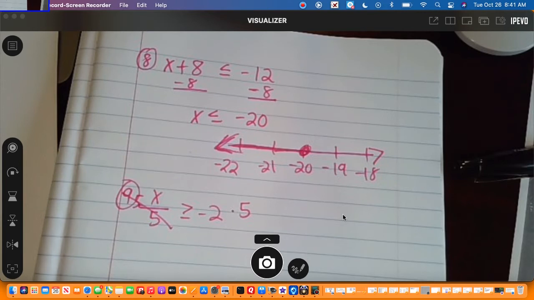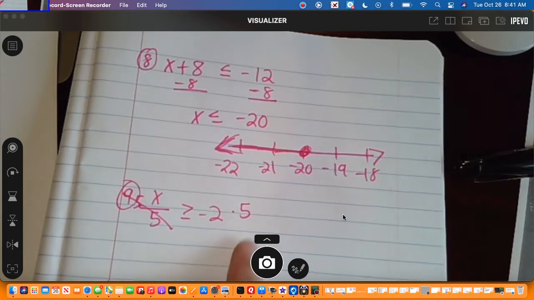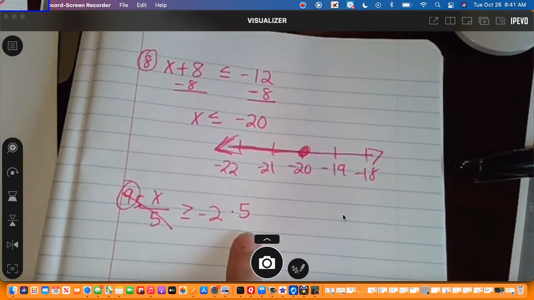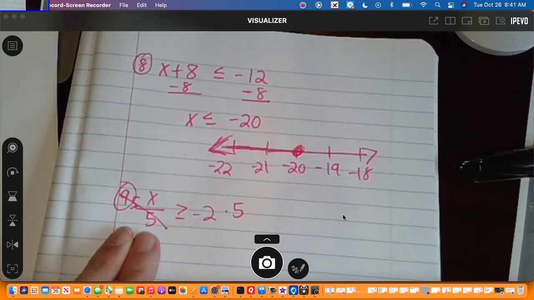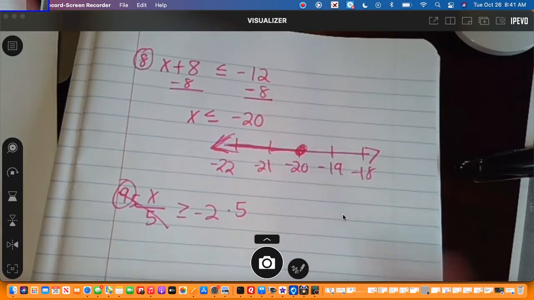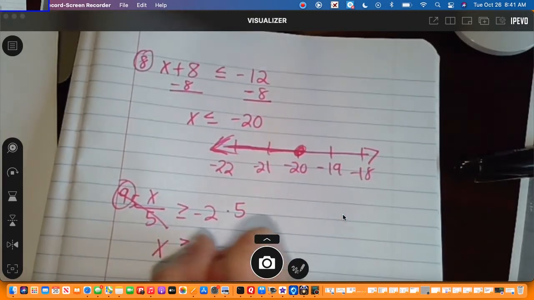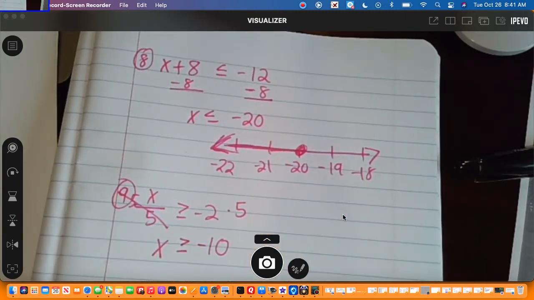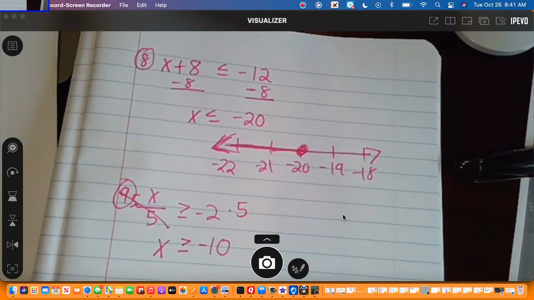So if the number you're multiplying with is positive, that's the number that matters for flipping the sign. Whatever this number is is what matters on flipping the sign. The other number, it doesn't matter. It can be whatever. Okay? So on this one, I don't flip the sign. Does everybody understand that?